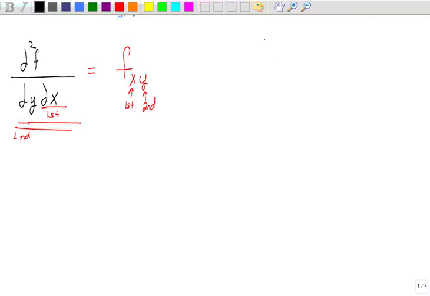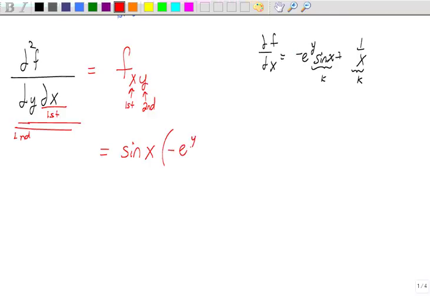Okay, so with respect to x, we had this. Now we take this with respect to y, so x is a constant. This is going to be a constant. So the answer to this is going to be sine x. Derivative of negative e to the y is negative e to the y. The derivative of 1 over x is 0 since x is a constant. So this is negative e to the y sine x.